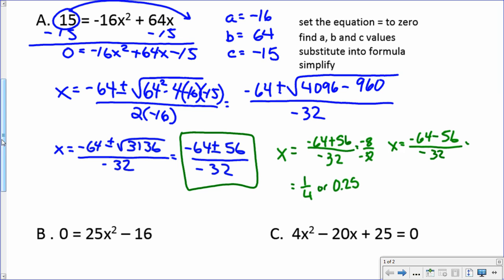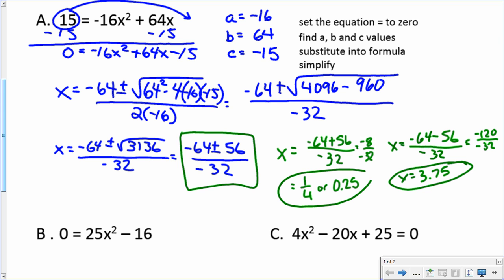And this one, if we subtract 56 from negative 64, is negative 120, and over negative 32 is 3.75. So our two solutions, or our two intercepts for this quadratic, are 3.75 and 1/4, or 0.25. These are the two solutions to that quadratic.